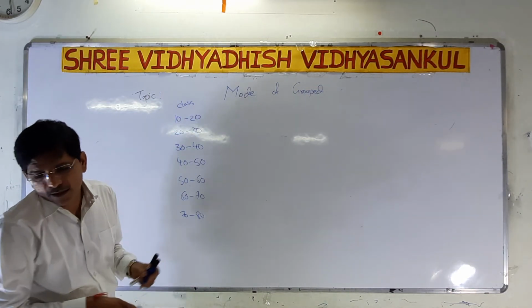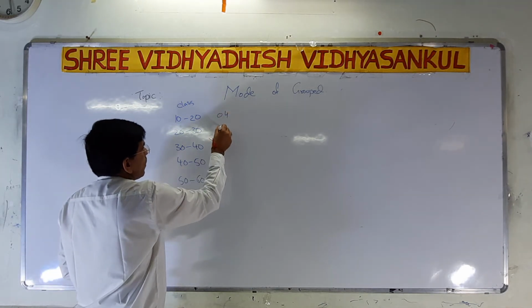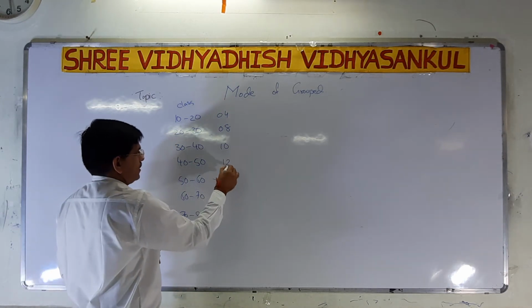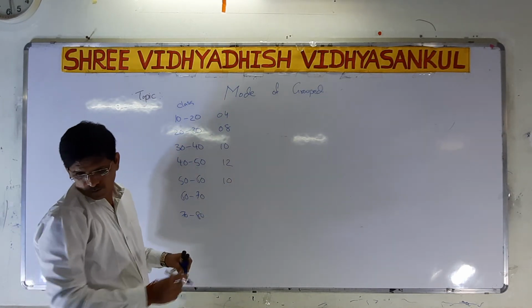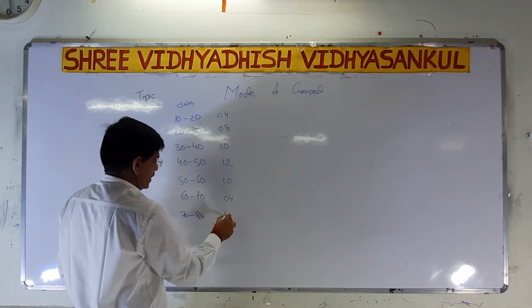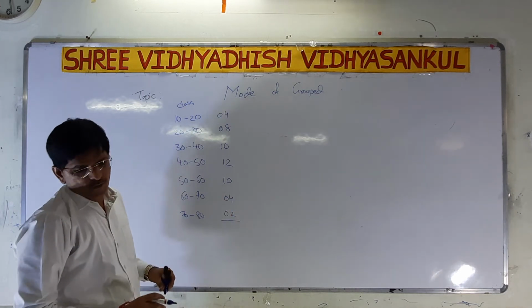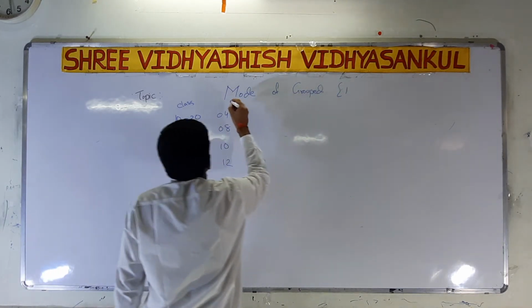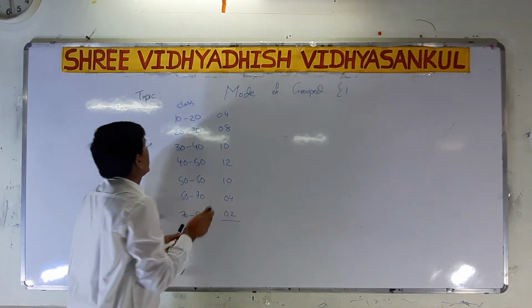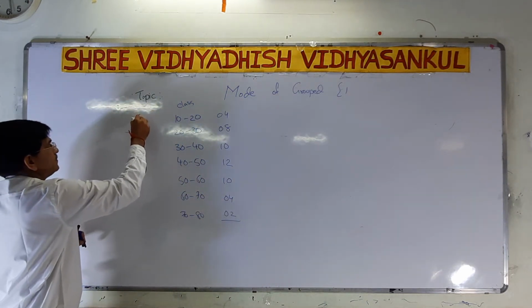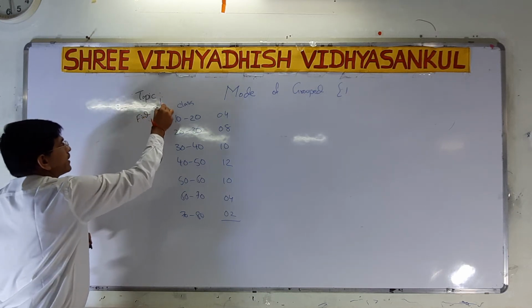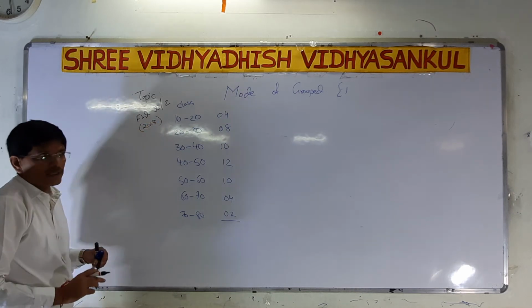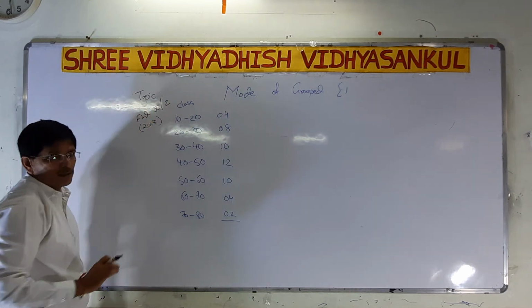Frequencies: 4, 8, 10, 12, 10, 4, and 2. You have to find out mean and mode. Find X bar and Z. The 2018 sum is there. Find out mode and mean.